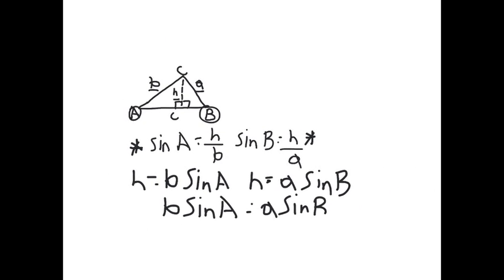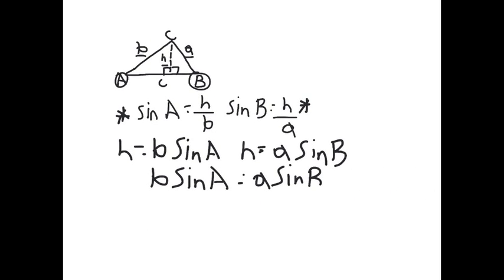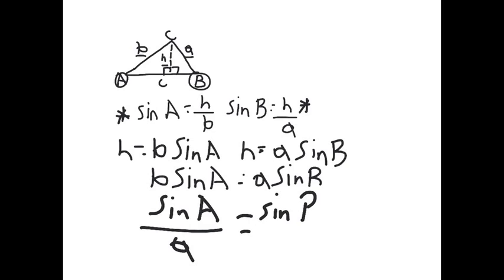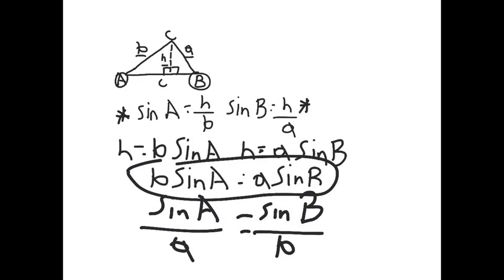Now this equation that we got is equivalent to saying sine of angle A over side A equals sine of angle B over side B, because if you take this equation right here and divide by side B and side A to the opposite side, this is the equation that you're left with.